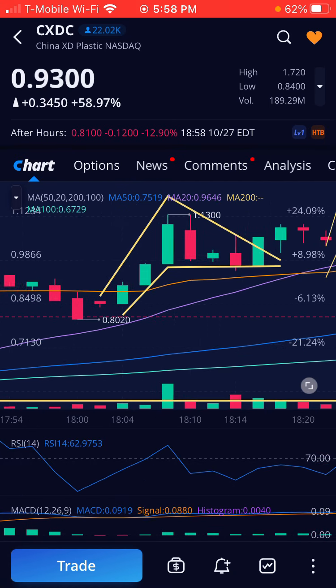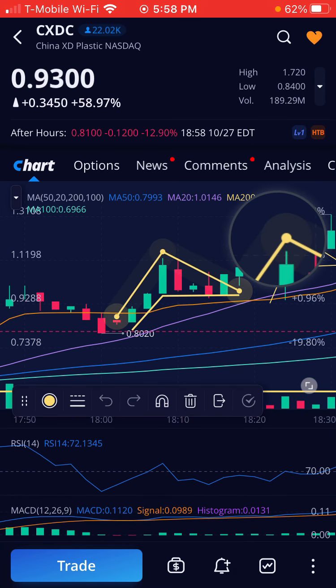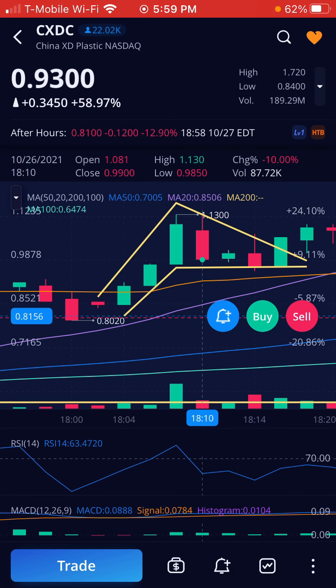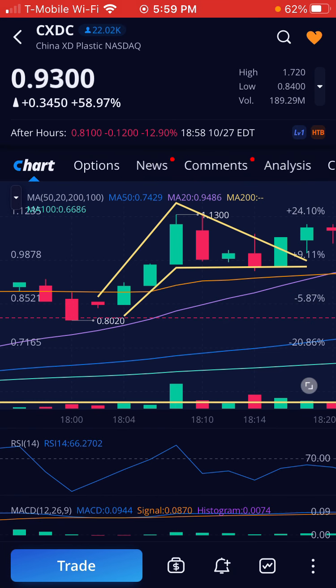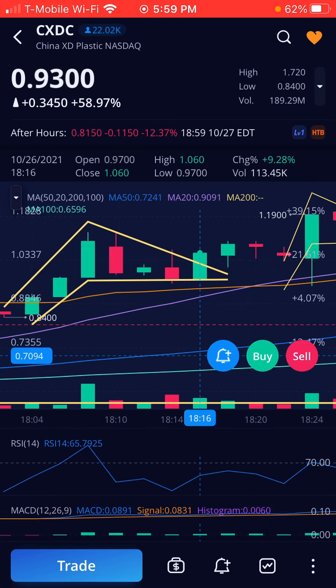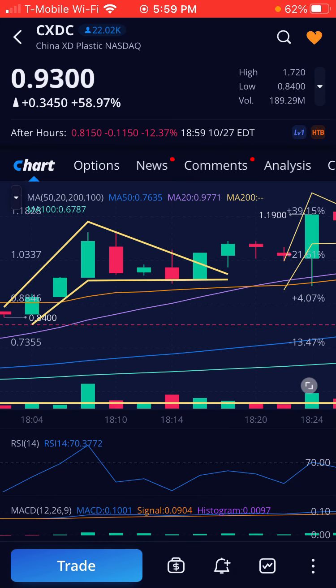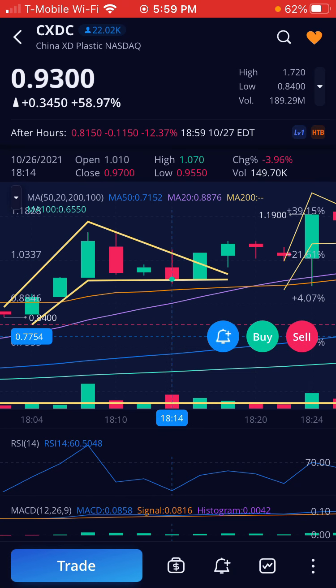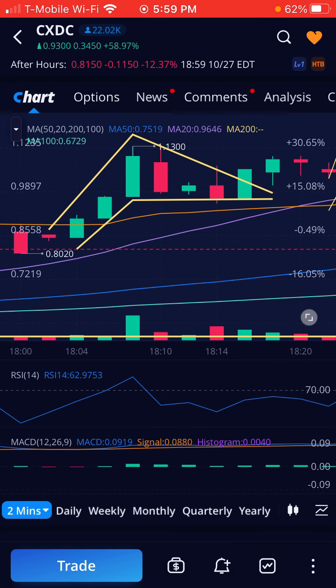Now, when I'm drawing the top of this flag, I want to place this just a little above the wick or the candle, because I want to create the downward momentum of the downward slope of this line to create this pinch point over here where this top line of the flag and this bottom line of the flag meet. Here's a good tip to know about this. The top line of this flag is going to be your resistance. The bottom line of this flag is going to be your support. So I'm on the 2-minute chart, and you can see it trading pretty well inside of this.